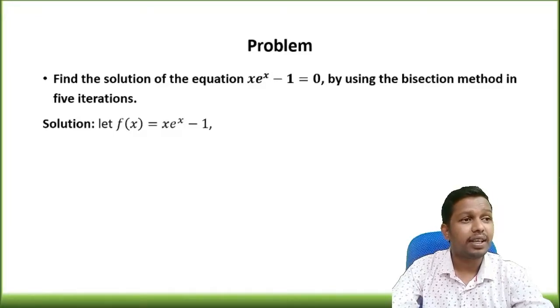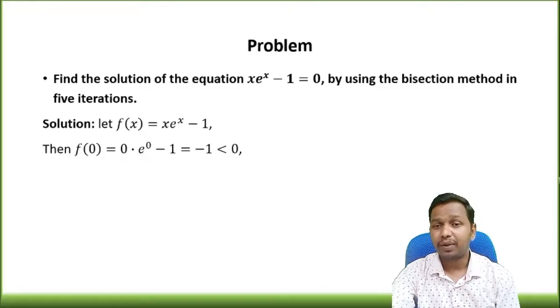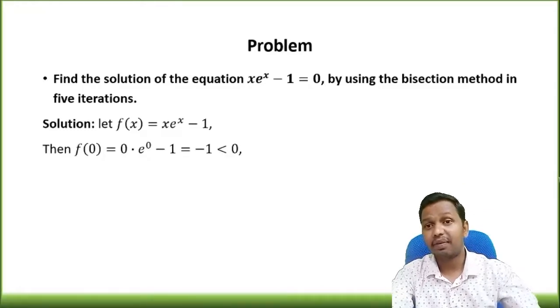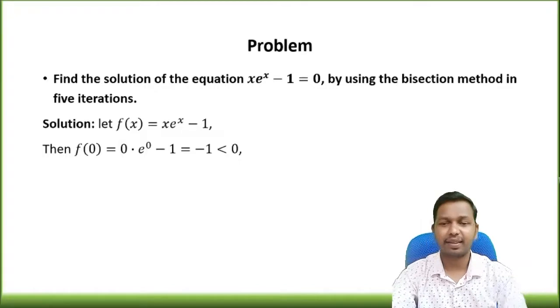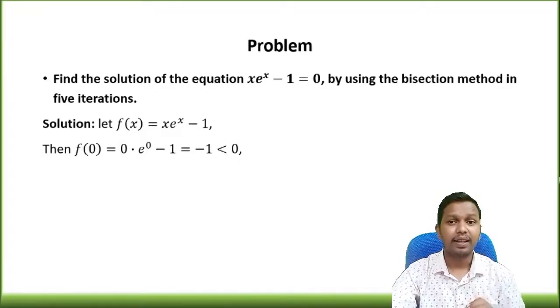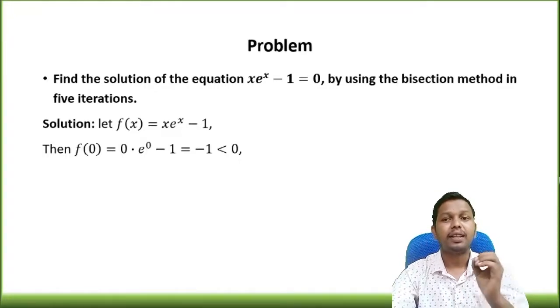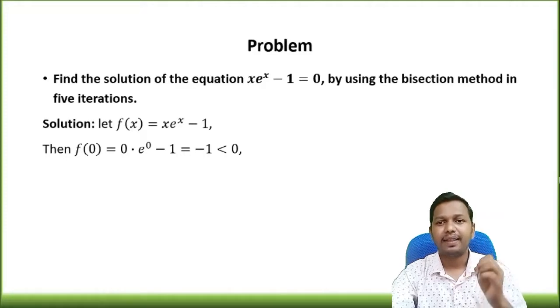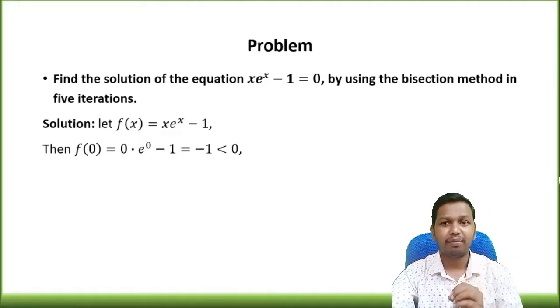Let us take our function, that is the LHS of the given equation, f of x equals x into e power x minus 1. Then we have to find the interval in which the root lies. That interval is found from the inspection method.